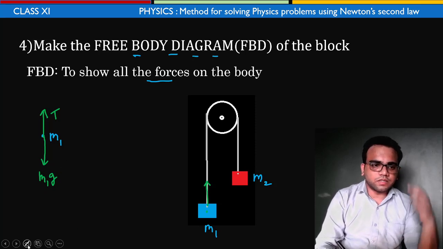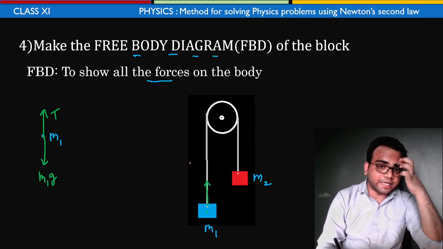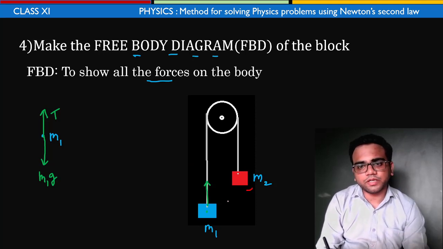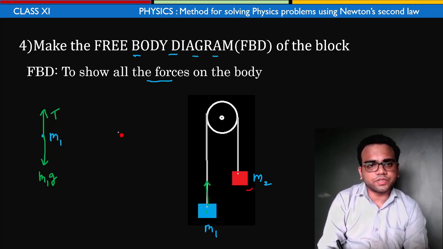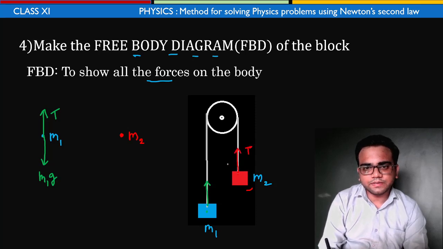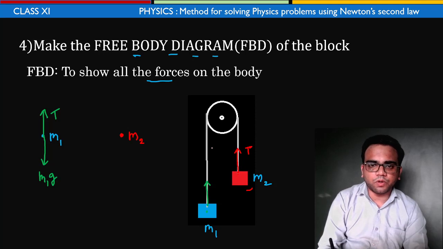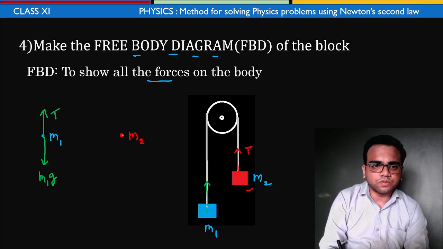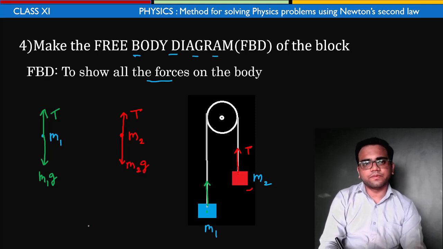Next, if we draw for the next block, this is our m2. There will also be a tension, the string will pull it. A string always pulls a block towards itself. So there will be a tension, and there will be the weight downward, the weight m2g.